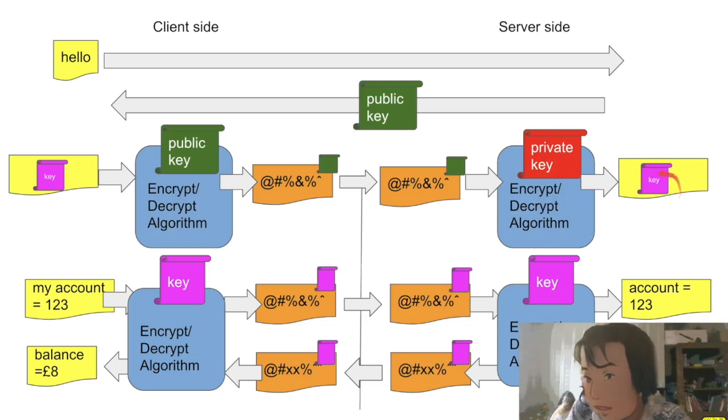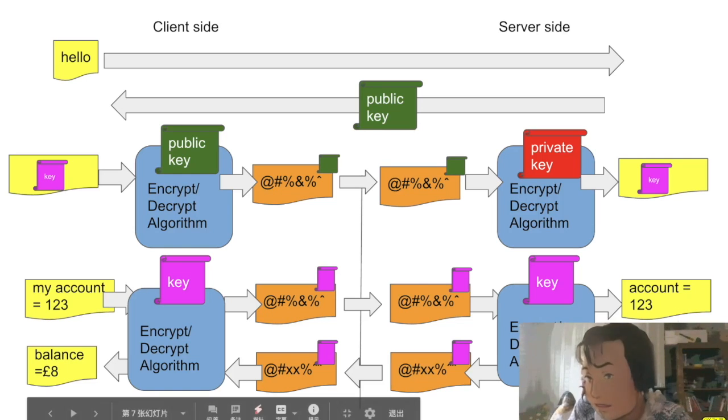The server side will get the passcode by decrypting the message using its key. So this side has the key, and this side has the key as well. After that, the client side can send messages with this key, the server side will receive the message, and the server side can also encrypt a message and send it back to the client side.